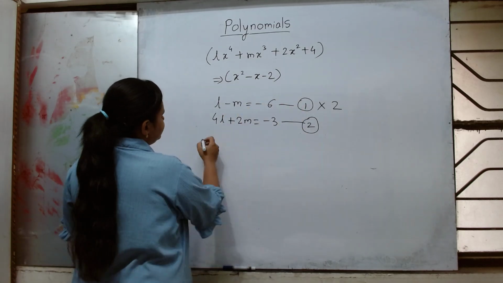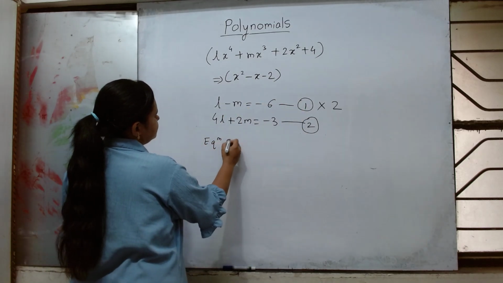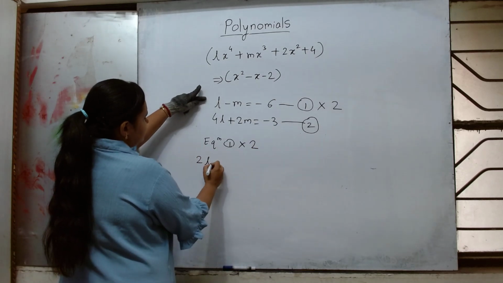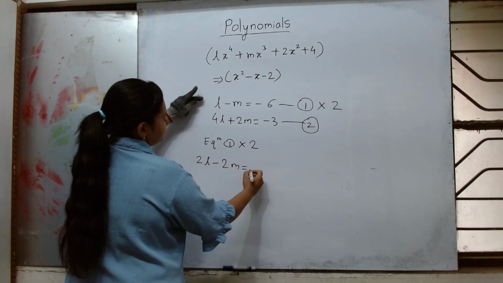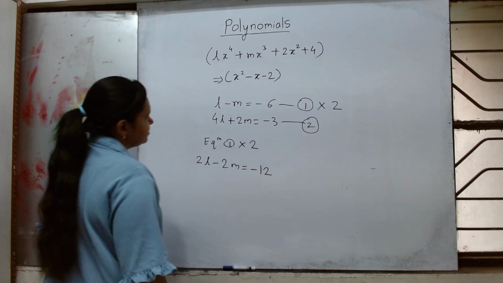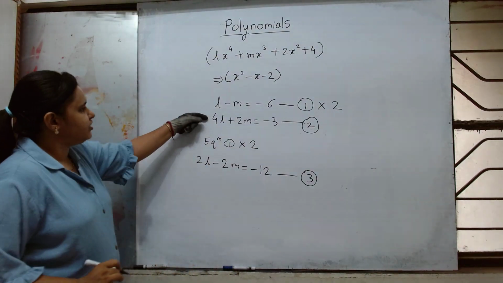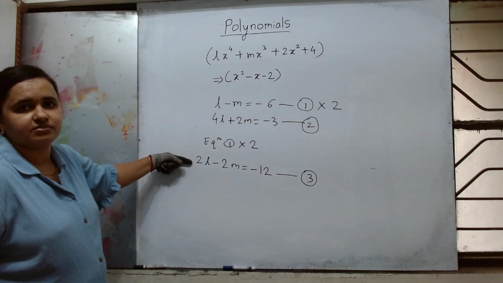So if we multiply equation 1 by 2, what will we get? 2L minus 2m equals minus 12. Now this will be our equation 3. So now we can add 2 and 3.